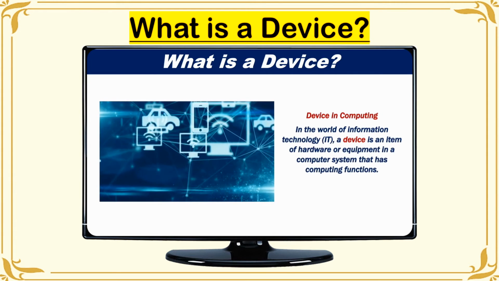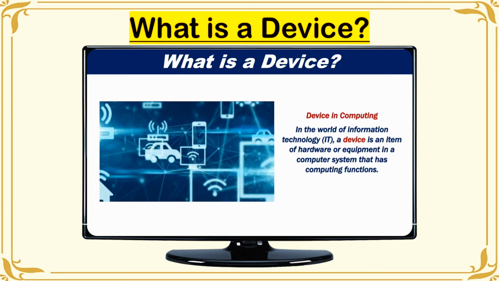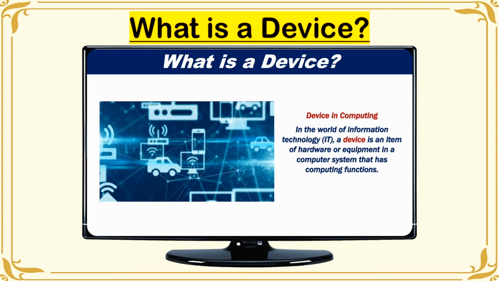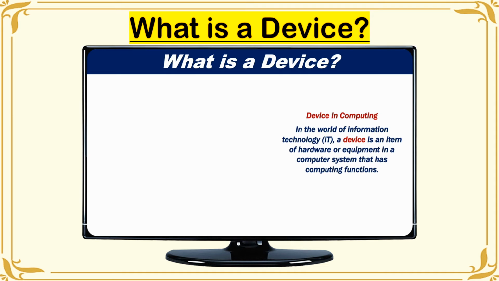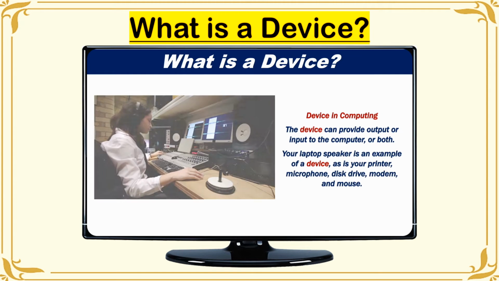In the world of IT, a device is an item of hardware or equipment in a computer system that has computing functions. The device can provide output or input into the computer or both. Your laptop speaker is an example of a device, as is your printer, microphone, disk drive, modem, and mouse.